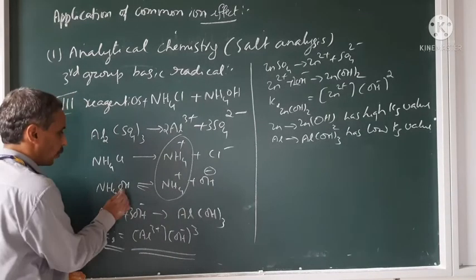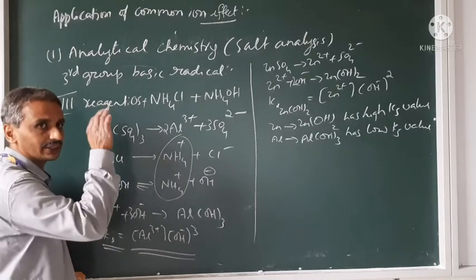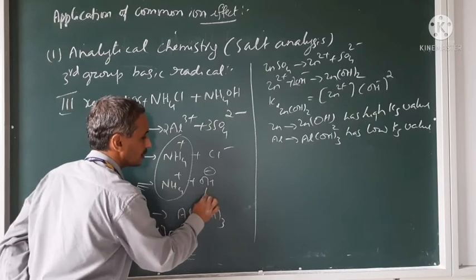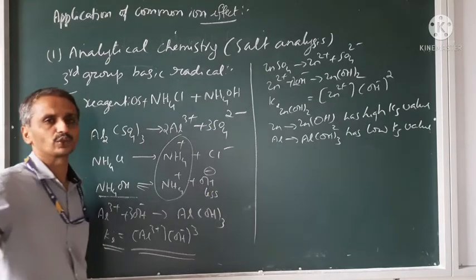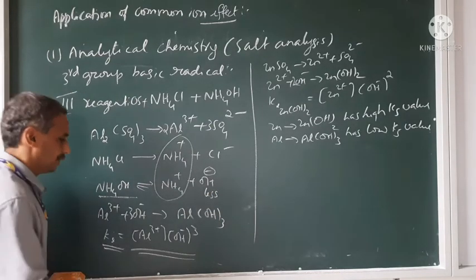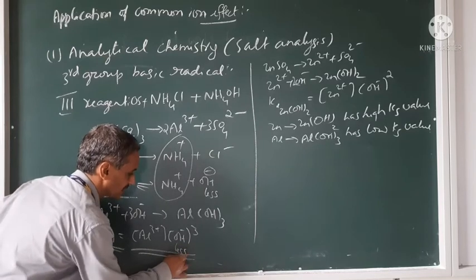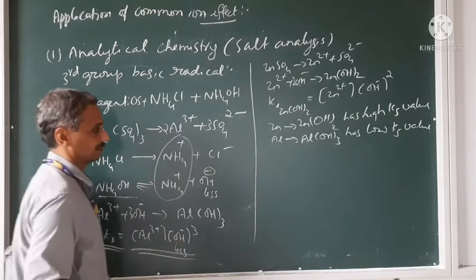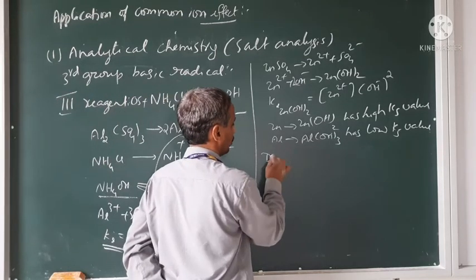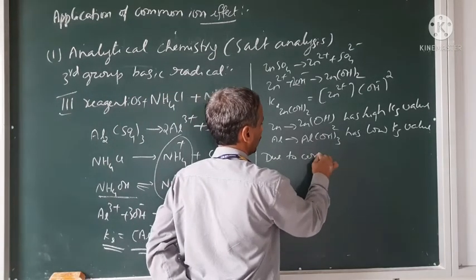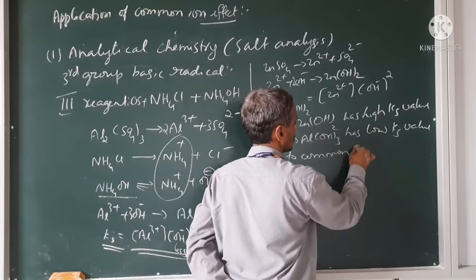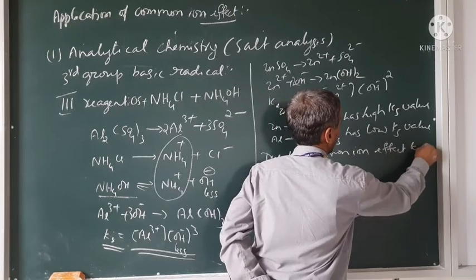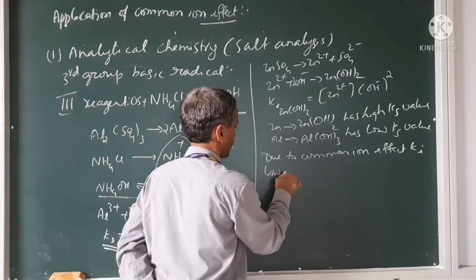Because of this, ammonium hydroxide dissociation is suppressed. So less OH minus will be in the solution. This means OH minus is less, so the Ki value becomes less. Due to the common ion effect, what happened? Ki becomes low.